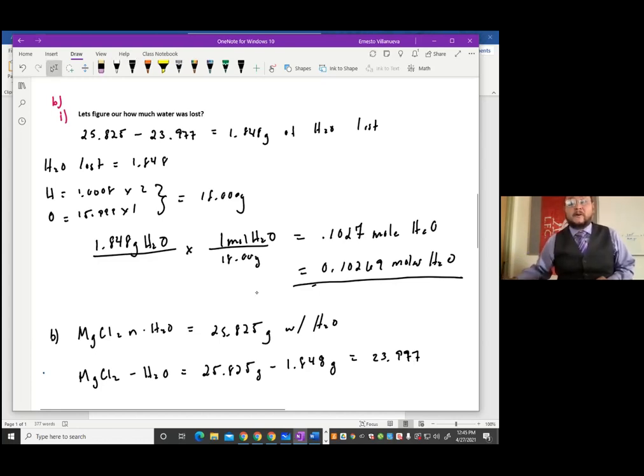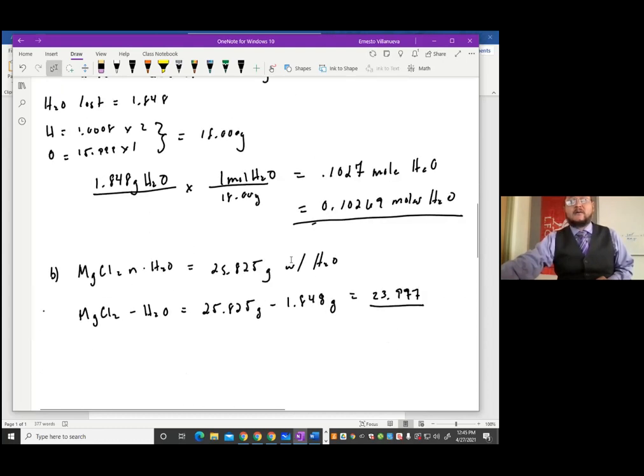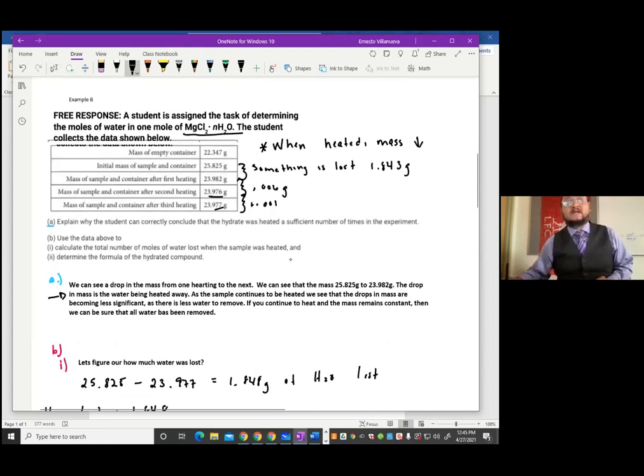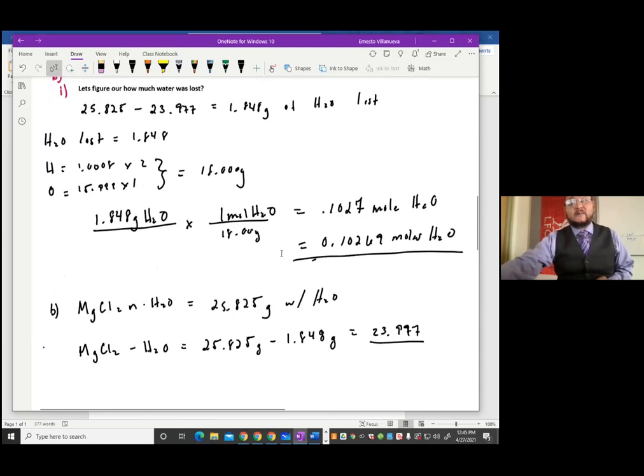Now, remember, this is the total mass, right? If we look at the table, we have the mass of the empty container, right? So what we're trying to do is figure out how much of the MgCl2, the magnesium chloride, we have.